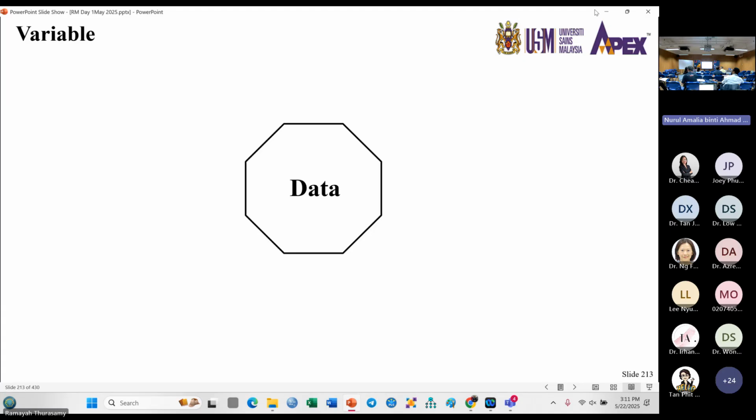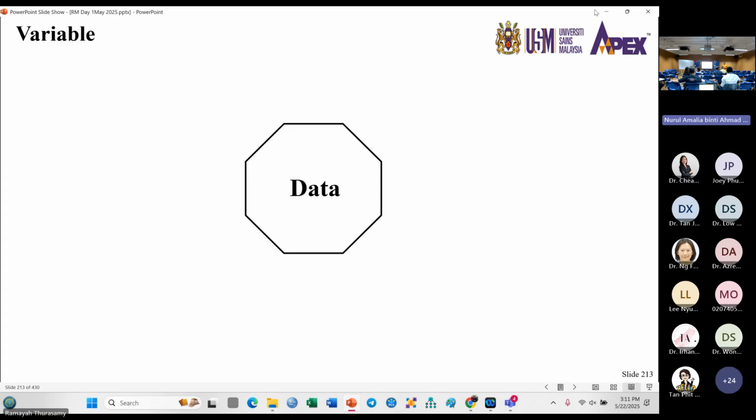Okay, we have another variable. My China students like this variable. Everybody has AI. And then I ask them, what is AI? Okay, data is not a variable, right?